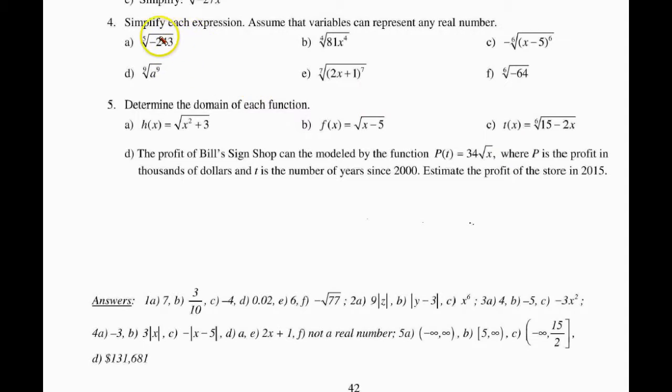Now, again, they're saying simplify. It's any real number. So the fifth root is odd, so it's okay to have a negative. And you may or may not know this, but this is negative 3. Negative 3 to the fifth power is this. Now here we have the fourth root of 81, and that happens to be 3.